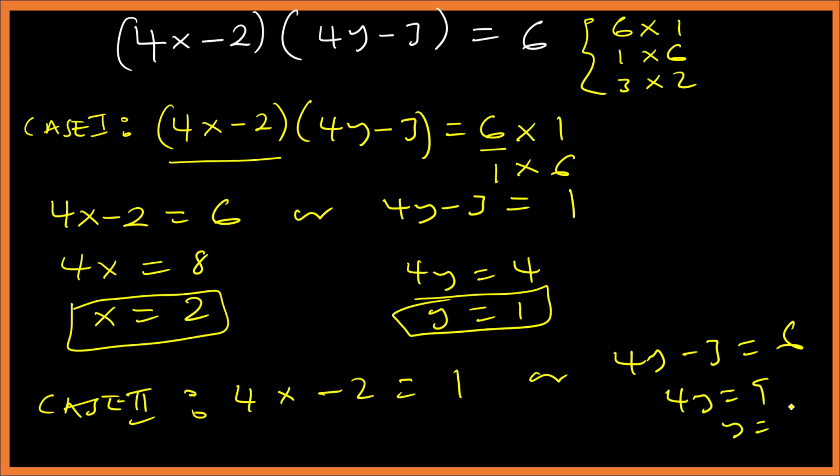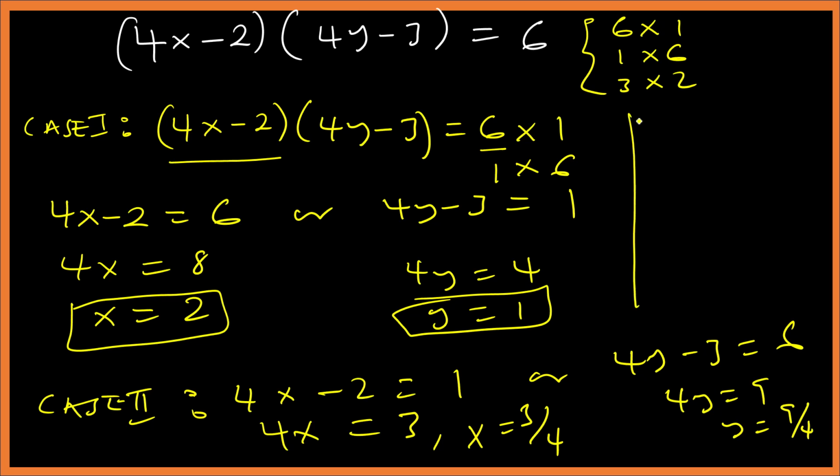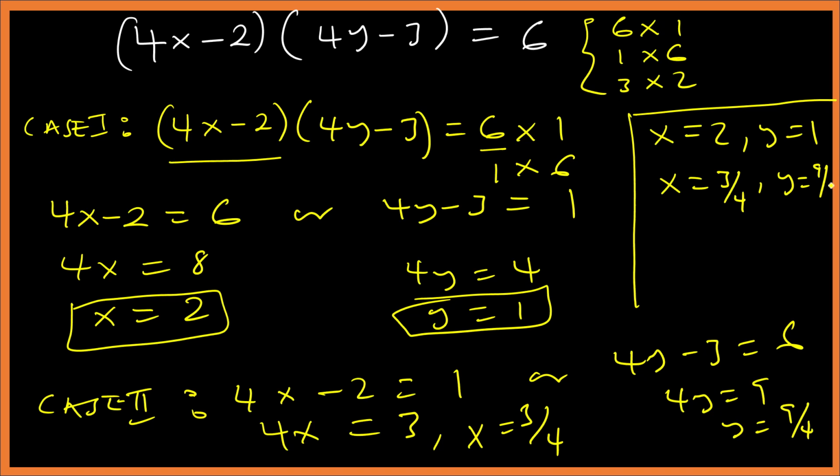Y is 9 on 4. And this side is 4x equals 3. Okay. So x is 3 on 4. So with the case 1, we have x equals 2, y equals 1. Case 2, x equals 3 on 4, y equals 9 on 4.